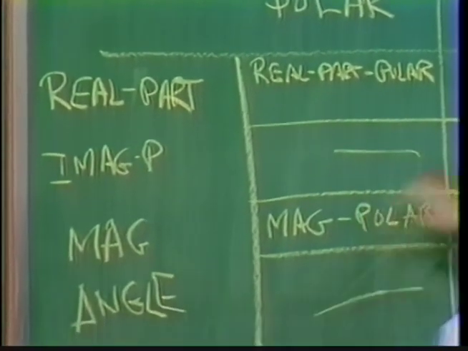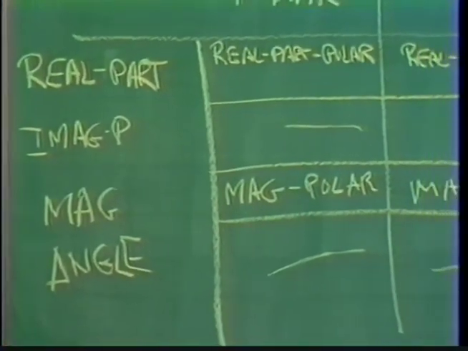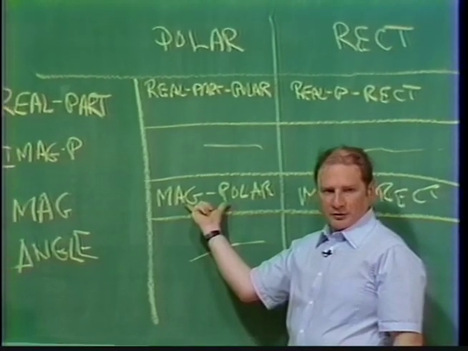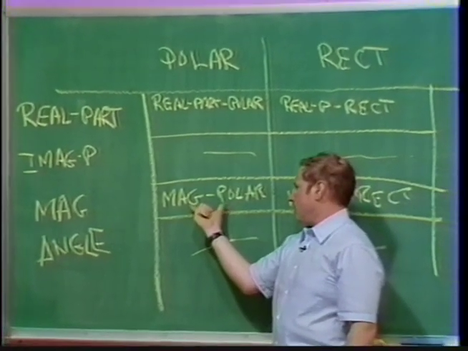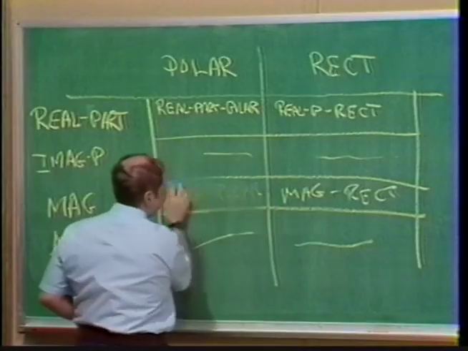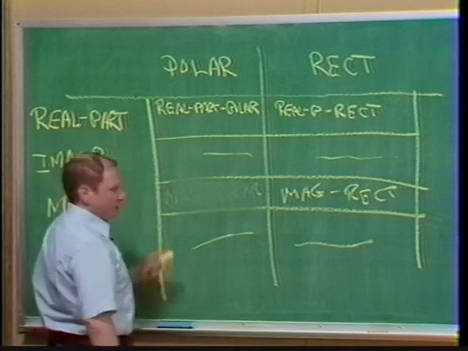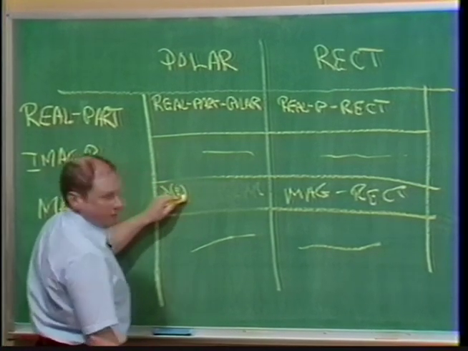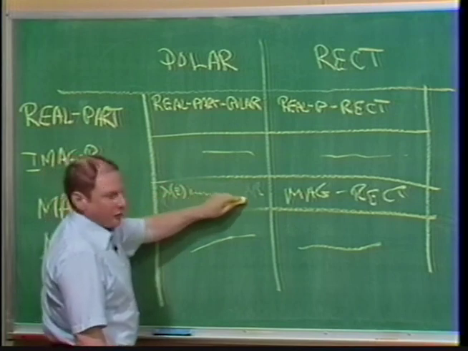I think by writing it this way, I've been very confusing, because when I wrote magnitude polar, what I mean is the procedure magnitude polar. And probably what I really should have written, except it's too small for me to write in this little space, is something like lambda of z, the thing that Martha wrote to implement it.